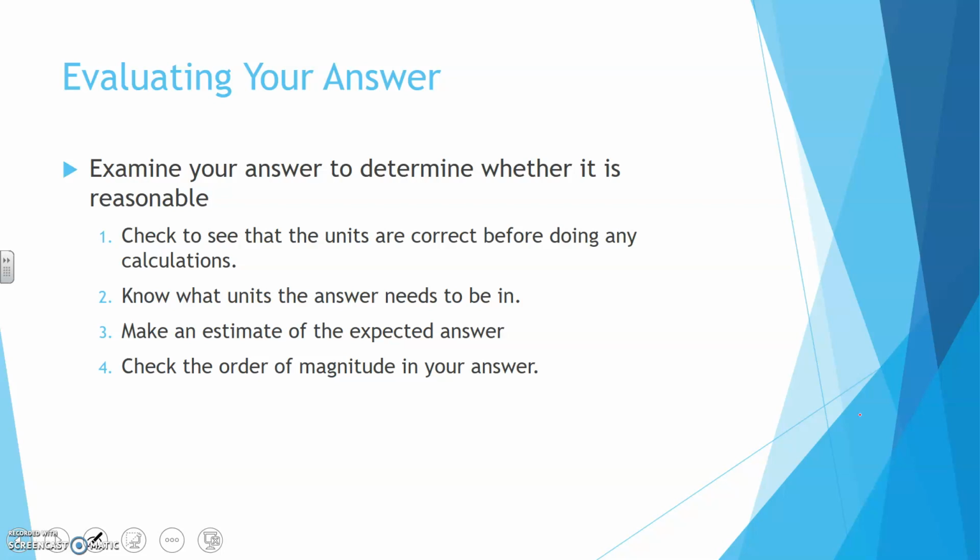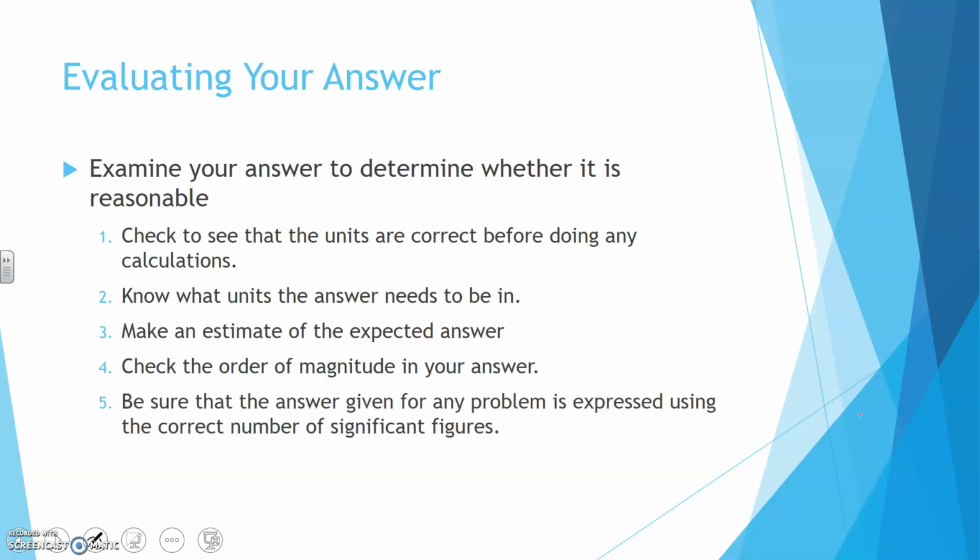We'll get more into that step later, and then also be sure that the answer given for any problem is expressed using the correct number of significant figures. Now, there are some teachers that are huge sticklers on this. I am not one of them.